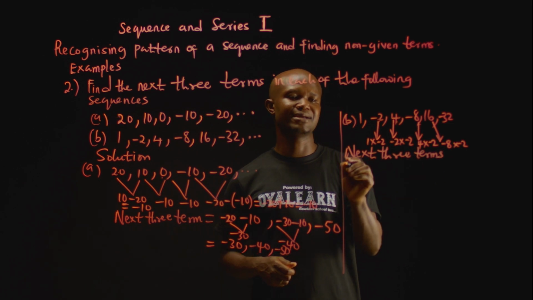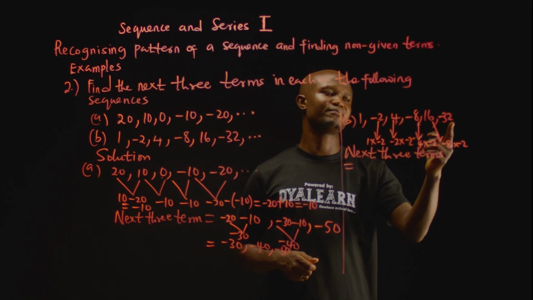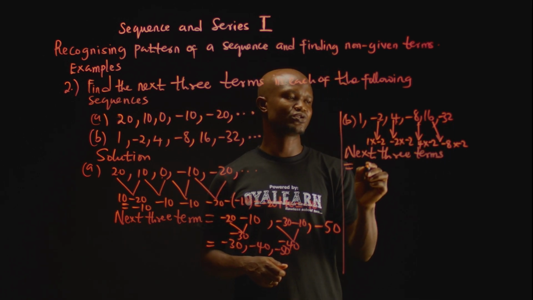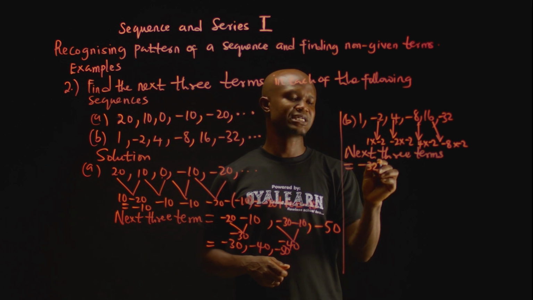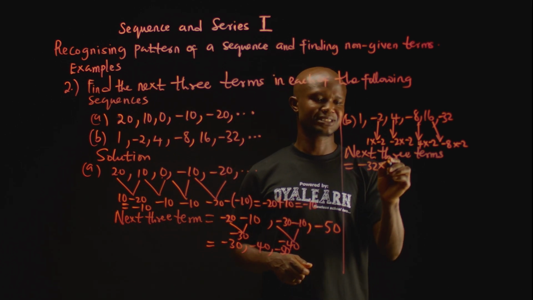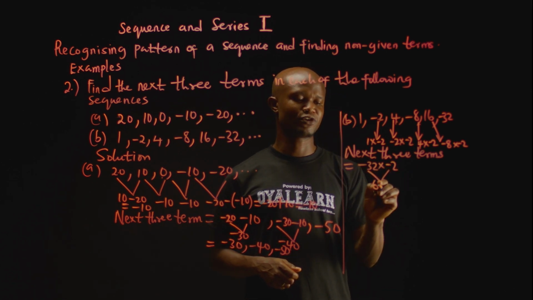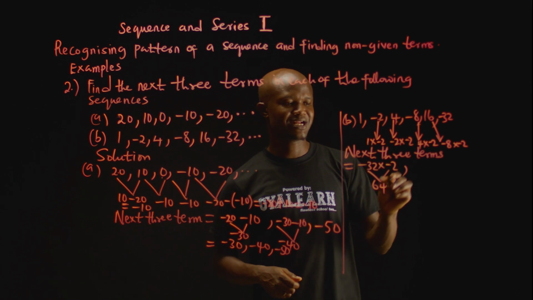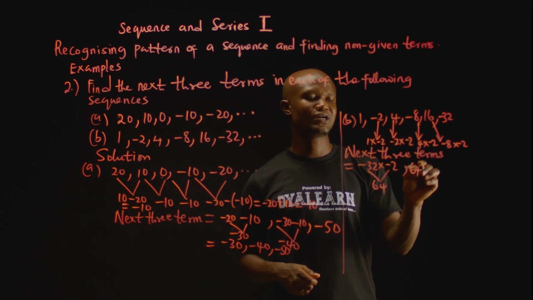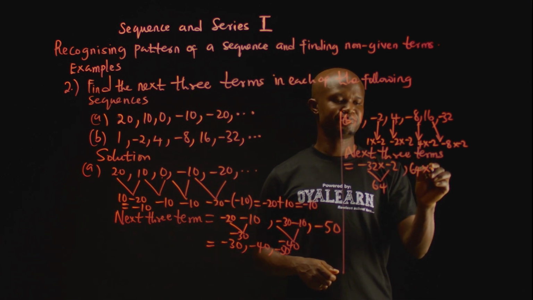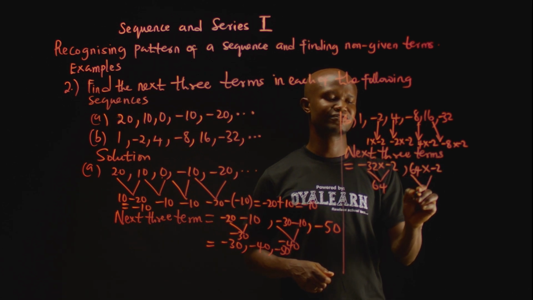The next three terms are going to be what? Now we have minus 32. Then times minus 2, what are we going to have? That is 64. So the next one we have 64 times minus 2. What are we going to have?